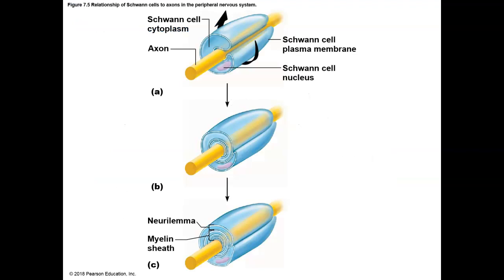And so here you can see the myelin sheath, and up here there's that neurolemma of a Schwann cell. So in the CNS you just have the myelin sheath.